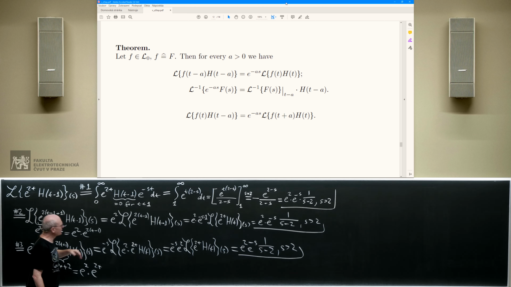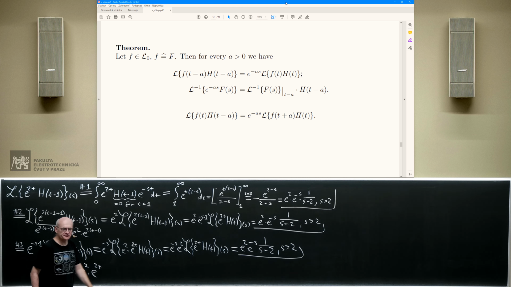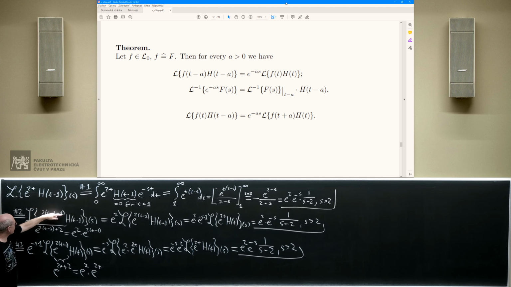So we are slowly beginning to believe that this is correct. Wonderful. Which of these ways is most convenient? I would actually go with the latest one, the third one. But as you can see, it's not that much different from the second one, because we had to do some algebraic trickery with the exponential here and also here. And it was essentially the same trickery.